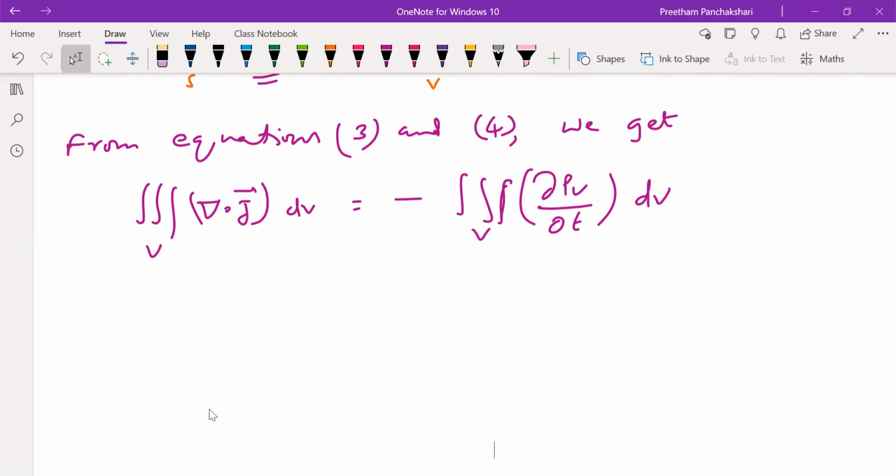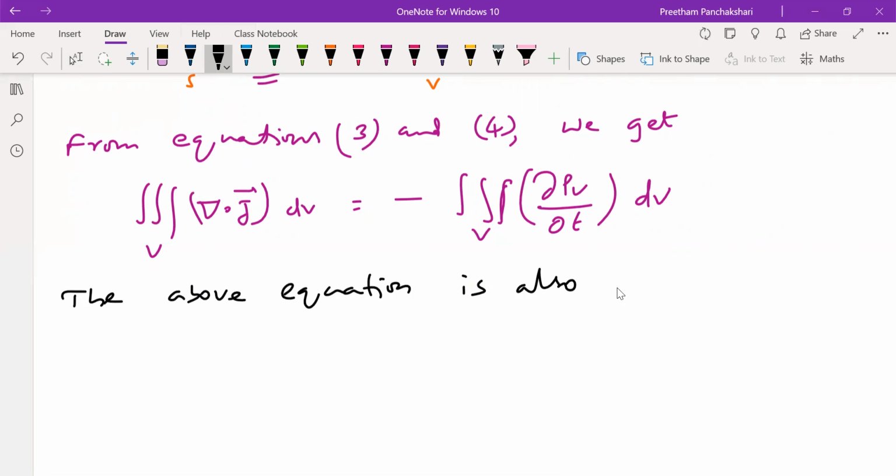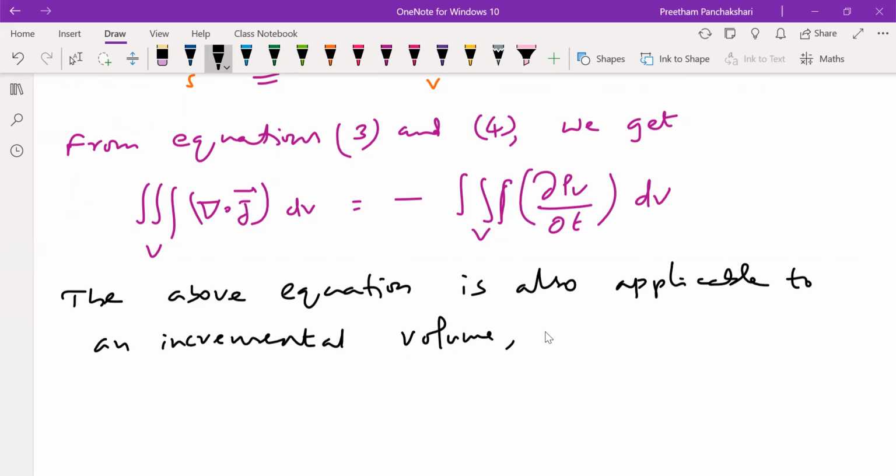So this equation should also be applicable to an incremental volume, a very small volume, let us say delta V.